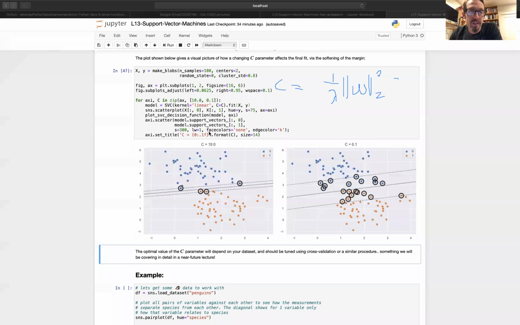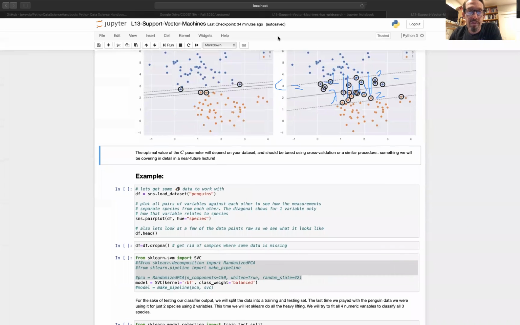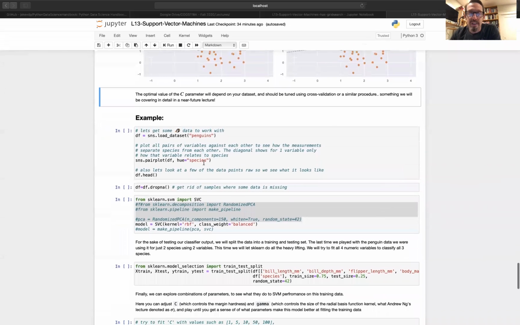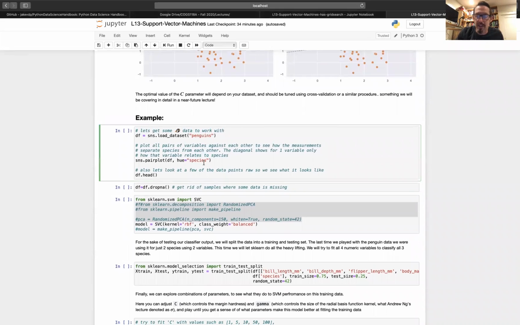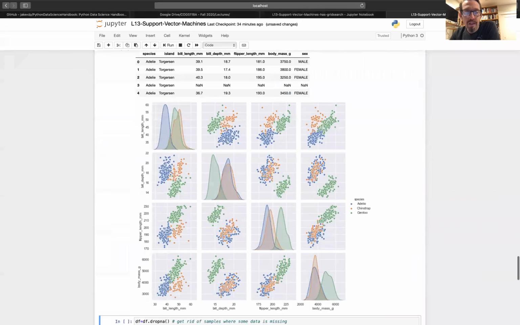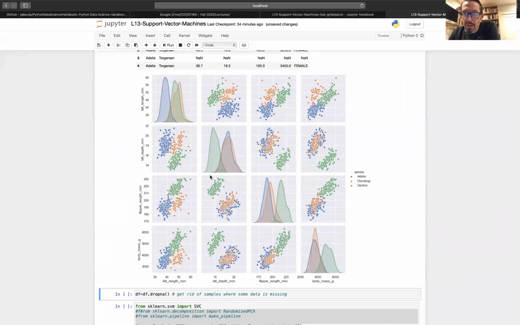All right, moving onwards, maybe without all this notation on it. There we go. Okay, so let's use this to actually play and take a look with our penguin data that we saw the last time with logistic regression. We have 3 kinds of penguins, the Adelie, chinstrap, and Gentoo species.